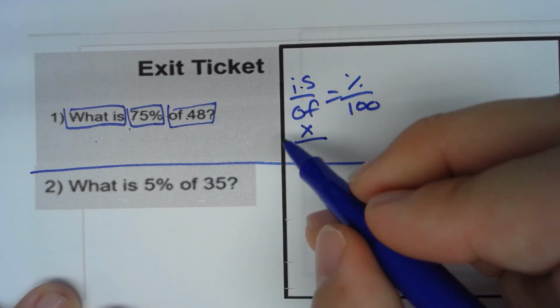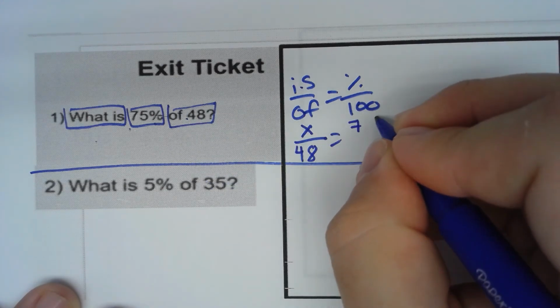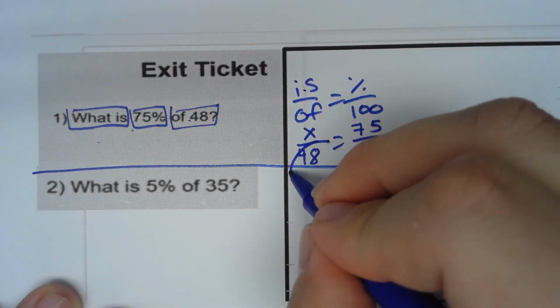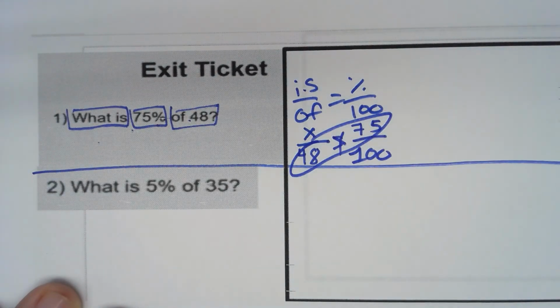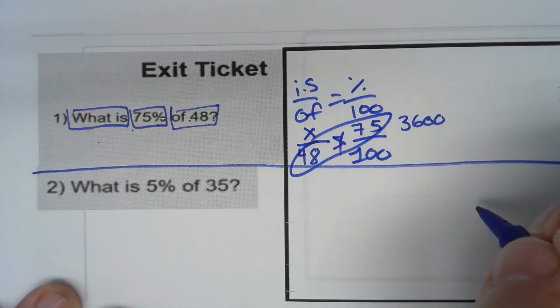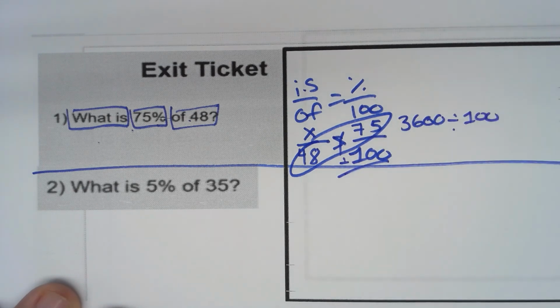Of is 48. The percent is 75. And this is always 100. First I have to multiply this. So 48 times 75 is 3,600. And then I divide by 100. So that's going to give me 36.